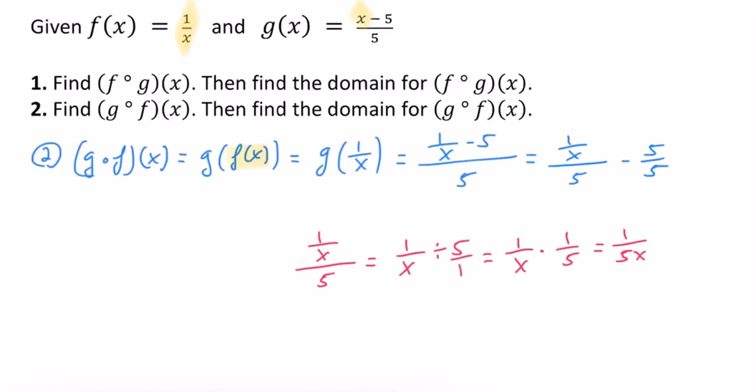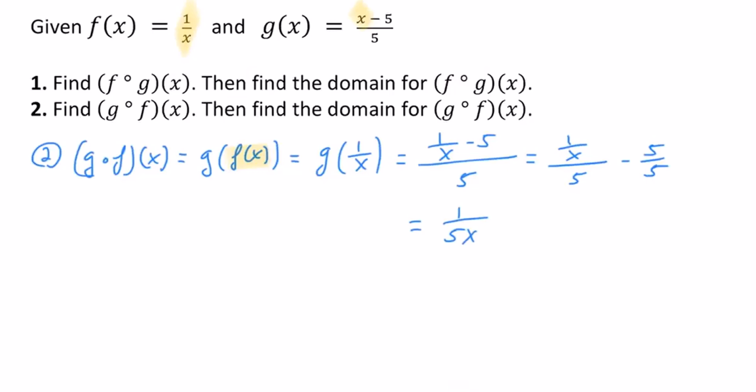So here we can rewrite (1/x)/5 as 1/(5x), and we have 1/(5x) - 1. Another way of remembering this is that with (1/x)/5, the 5 here is just going up with the x.